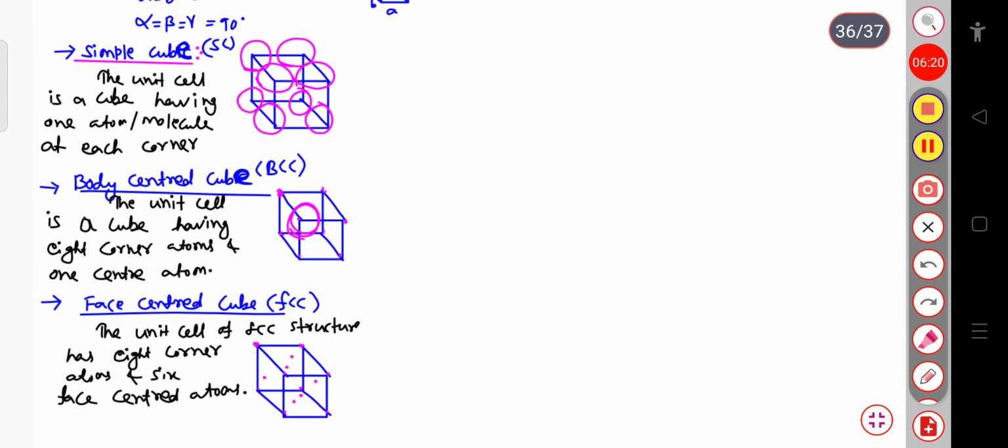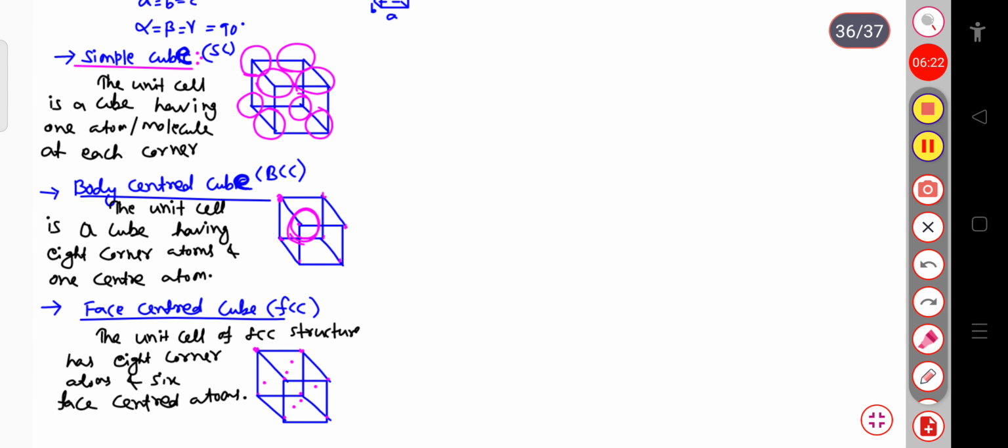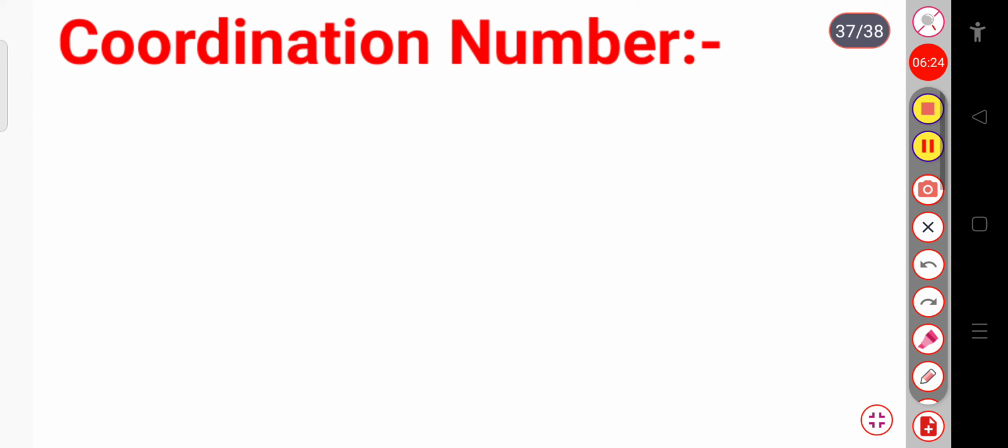Okay. Now we will discuss the coordination number. The coordination number is basically the number of nearest neighbors that an atom has.